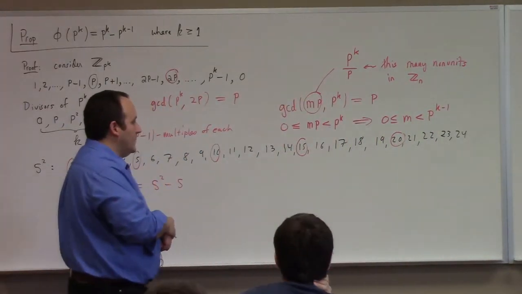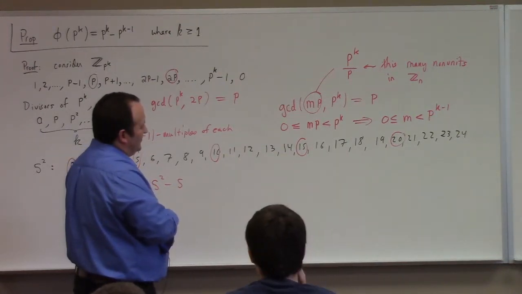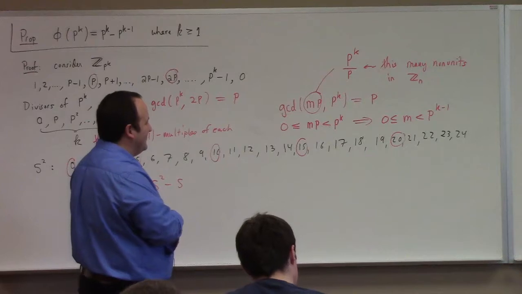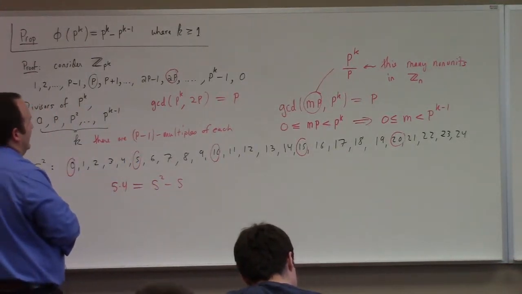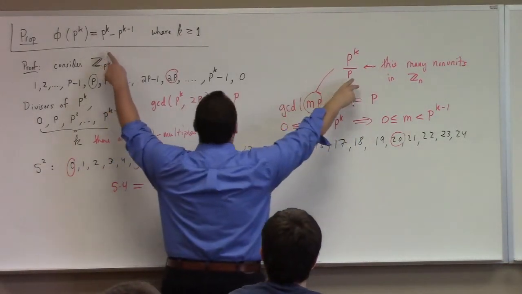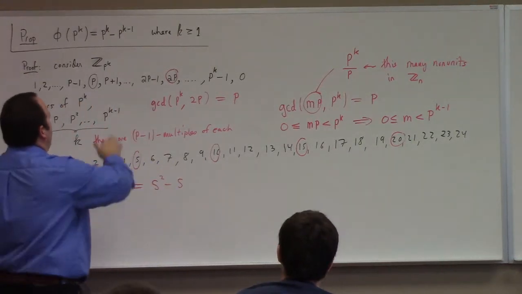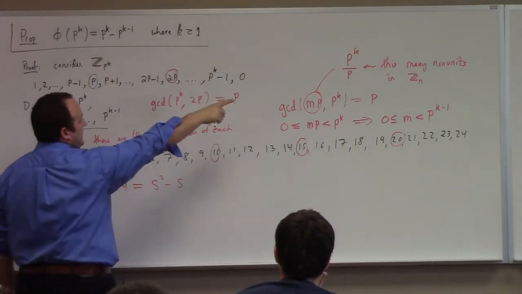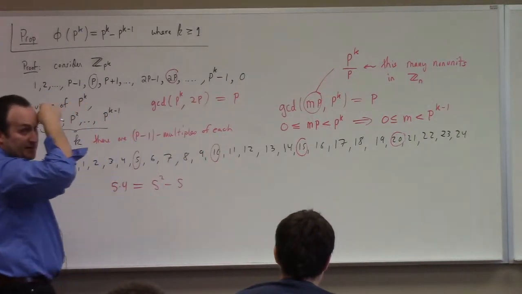And each m represents a unique multiple of p, which gives you p to the k minus 1. If you understand this counting, then that follows immediately, right? Because I have p to the k total things, and if those are the non-units, then everything else left is a unit, right? That includes 0 and the multiples.